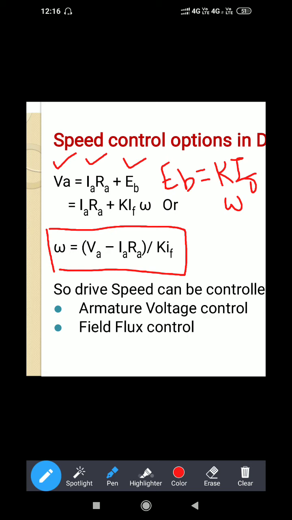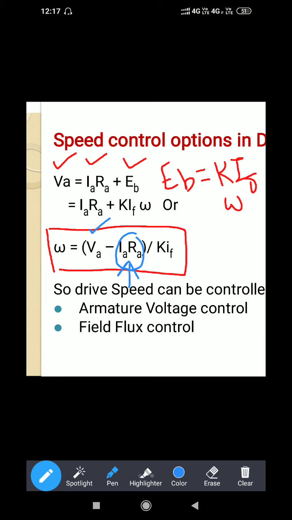So there are a number of variables in this equation. First one is the armature voltage, second one is the armature voltage drop, which includes the product of IA and RA. But we all know that the value of RA is very small in armature winding, so this product will not affect your speed very much. So we can neglect this product while studying the speed control options.